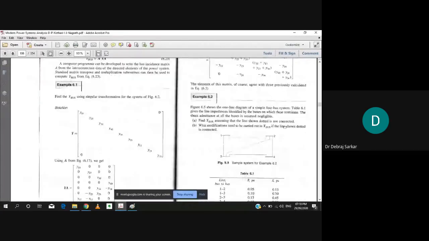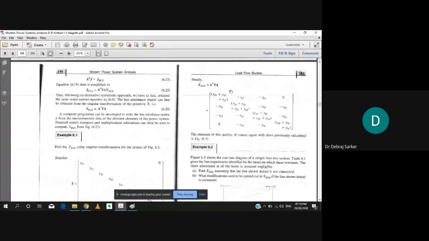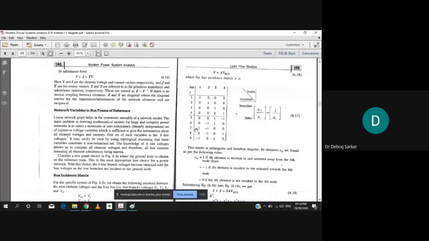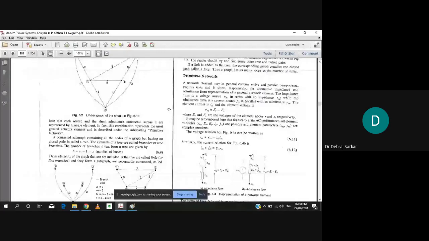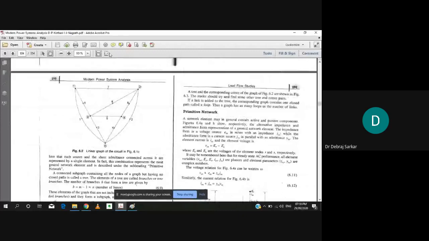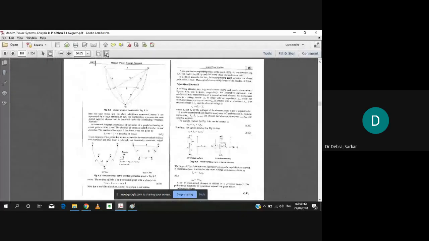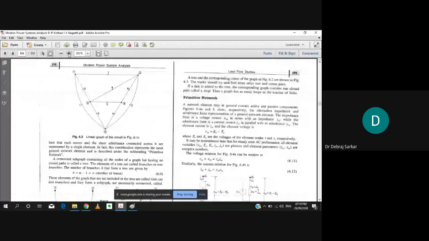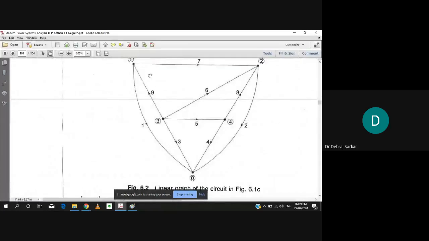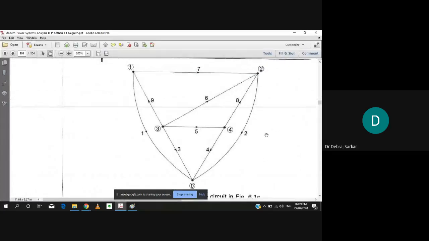Just as homework, look at this graph. I'll zoom it. Try to find out the Y bus from this graph. I have already told you how to do it. Just try to find out the Y bus from this graph by yourself.